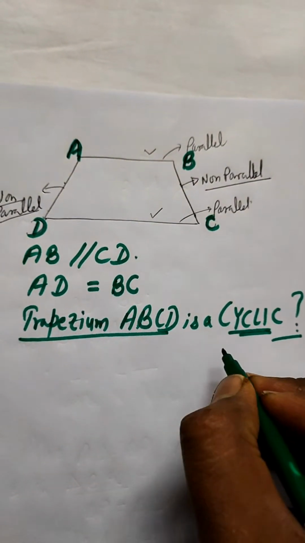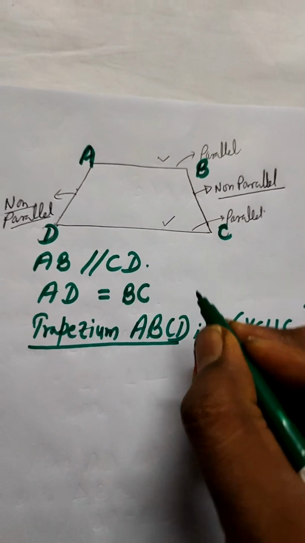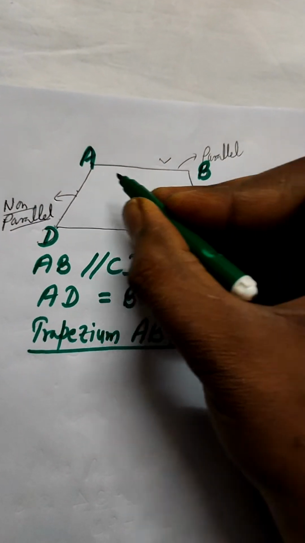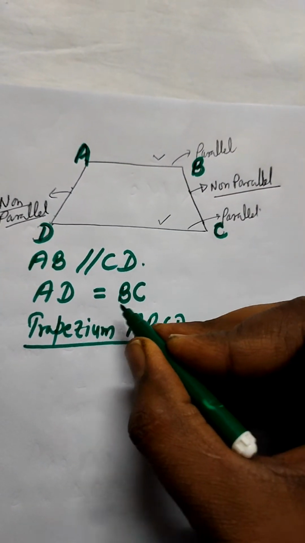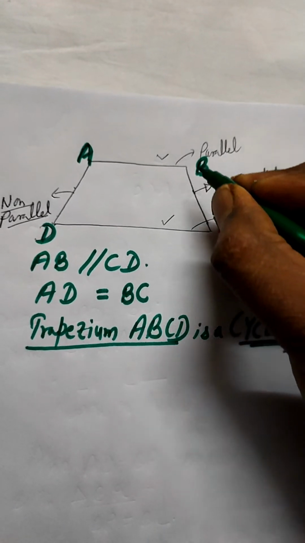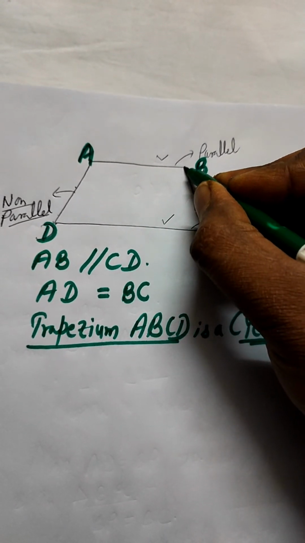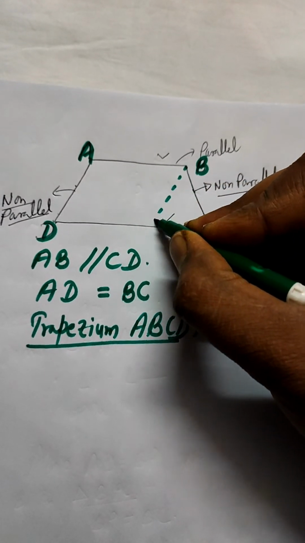So just to prove this, what will we do? We will do a simple construction. Since AB is parallel to CD and AD is equal to BC as given, do the construction: draw a line parallel to AD like this.